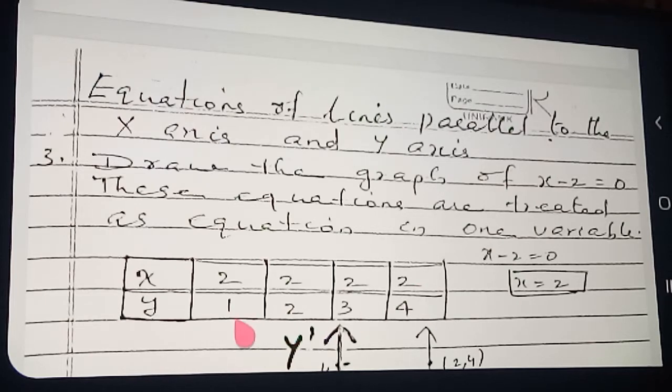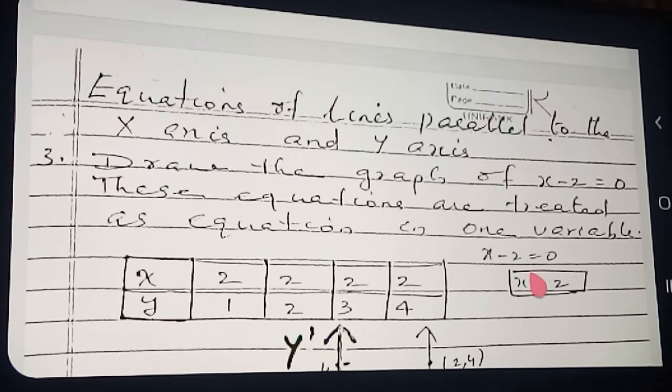So you can take y any value because it will not change. X is equal to 2 everywhere, whatever the value of y you are putting. For example, we can write this in the standard form: x plus 0y minus 2 equal to 0. If you put any value for y, will this value change?